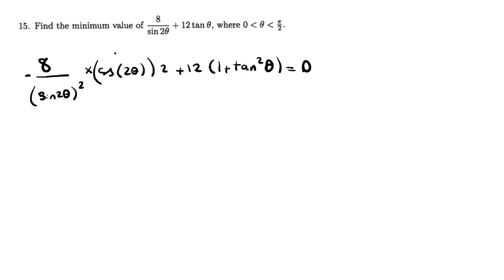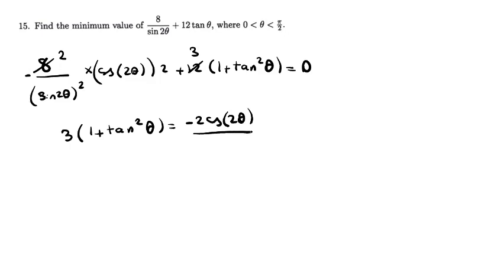Endpoints, we don't need to consider endpoints now. We know sine 2 theta is not 0 also. So if we divide both sides by 4, then we have 3, and take it to the right hand side, then 3 times 1 plus tangent squared theta equals negative 2 cos 2 theta all over sine squared 2 theta.